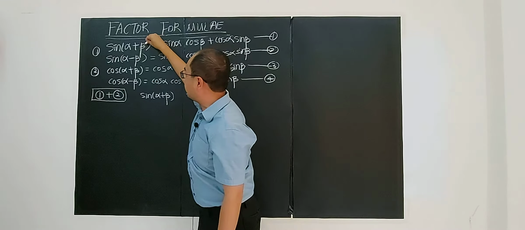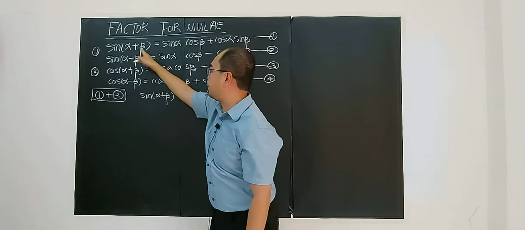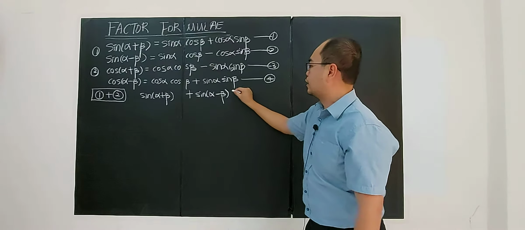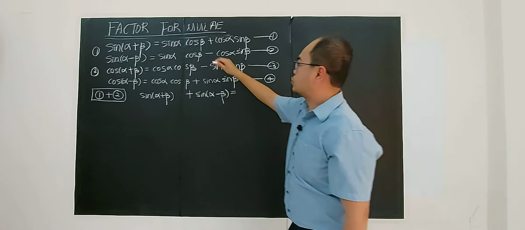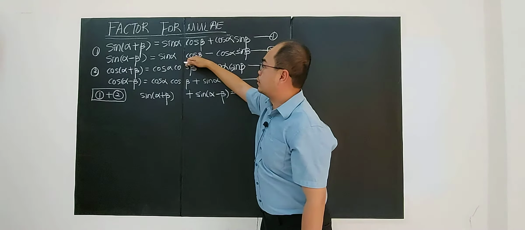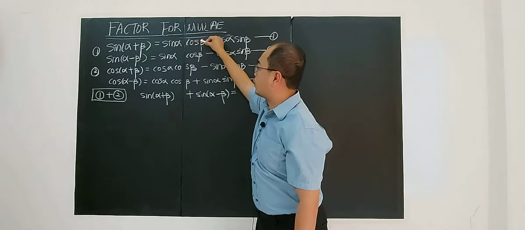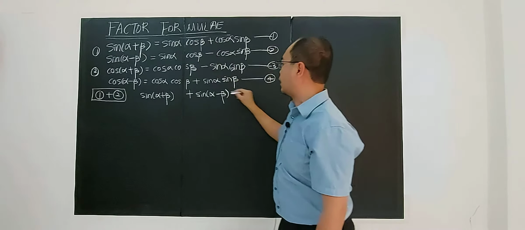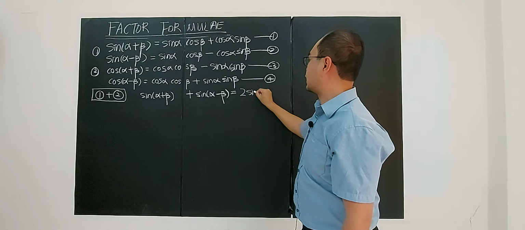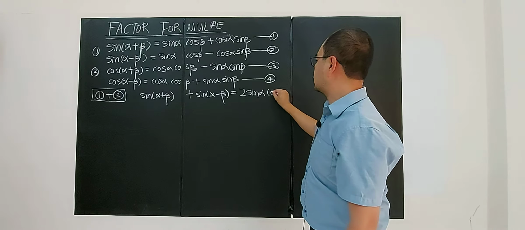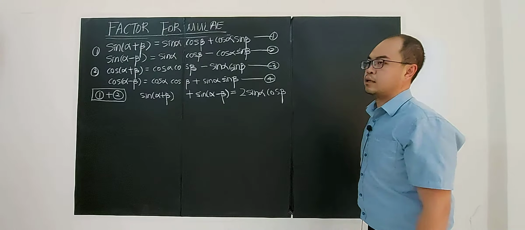For the left hand side, you are adding sine alpha plus beta and sine alpha minus beta, which is equal to adding the right hand side. So this one is a like term, right? Sine alpha cos beta, sine alpha cos beta. If you add up, you will have 2 sine alpha cos beta, right?